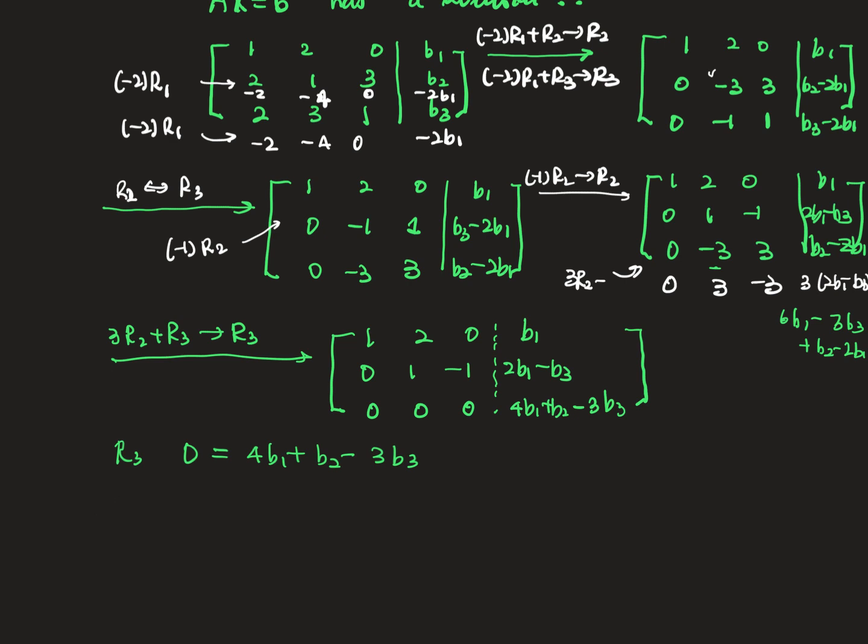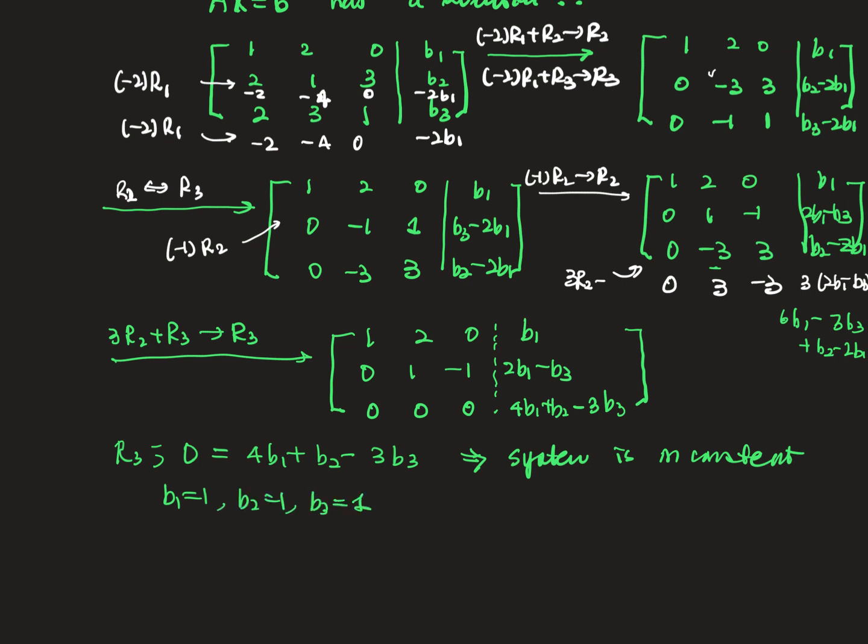So we're going to say the system is inconsistent. Understand? That depends on the B values, guys. Let's say B1 is 1, B2 is 1, B3 is 1.